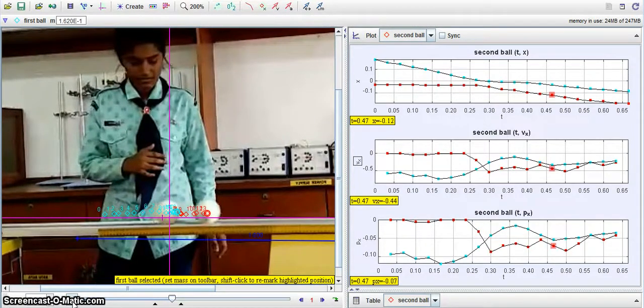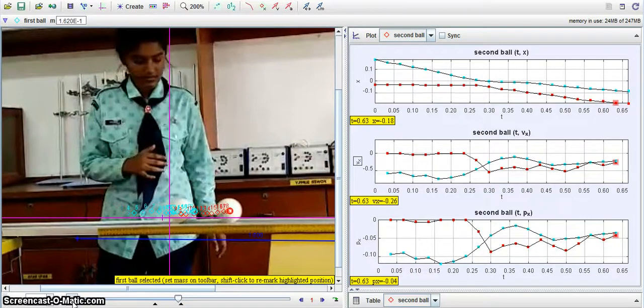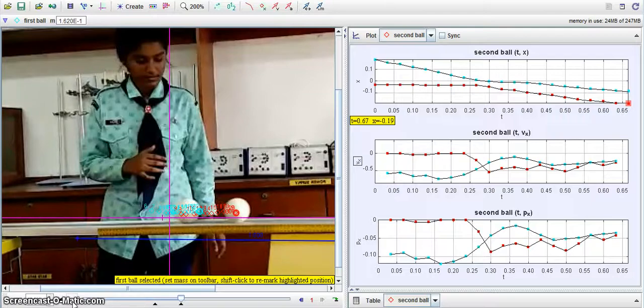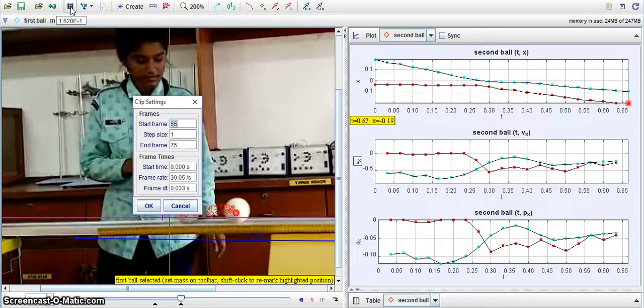Okay, that was the experiment. Now, how to record the video and how to upload the video, how to set frame, right, frame setting.